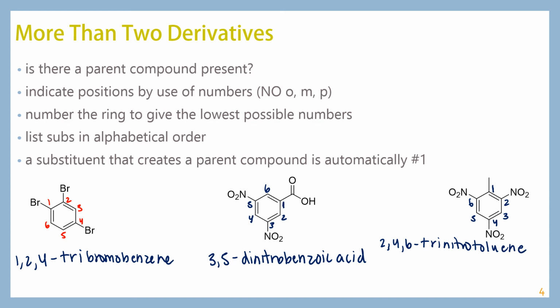And again, we don't use the number 1 for toluene because we don't need to. It's automatically number 1. Now, normally I would ask if anybody knew the name of this compound, but since this is a video and you can't respond to me, this compound is trinitrotoluene, also known as TNT.